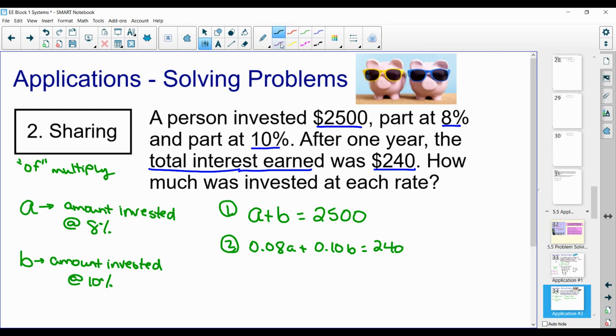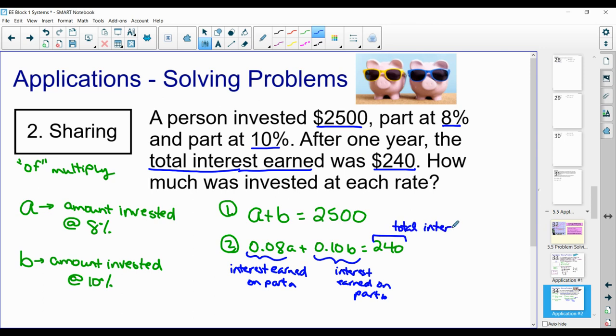So labeling that, as I label this here, this is going to represent the interest earned on part A. And this is going to represent the interest earned on part B. And this $240 represents our total interest earned. So if we're doing the percentage of a number, remember that we're multiplying.